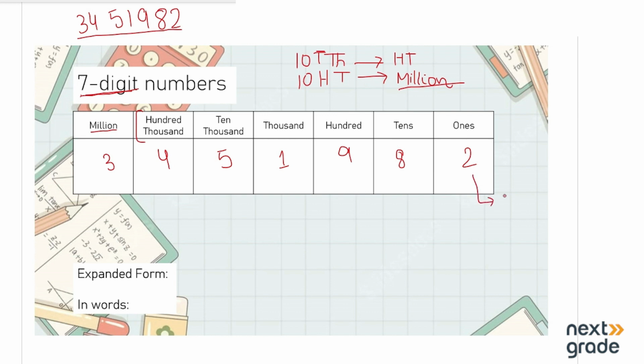Alright, let's just write this in the form of expanded form, ठीक है, तो ones में जो 2 है that's going to be the same, and we have tens over here, it's going to be 80. Then we have 9 over here, it's going to be 900. This is how I'll write these numbers individually if we're discussing the place value, ठीक है, तो 50,000 लिखेंगे हम यहाँ पर. And then we have 100,000, so we'll write it at 400,000.